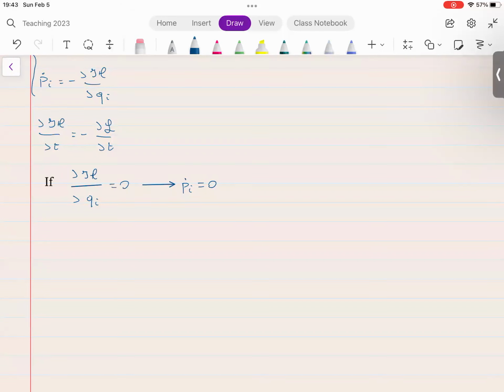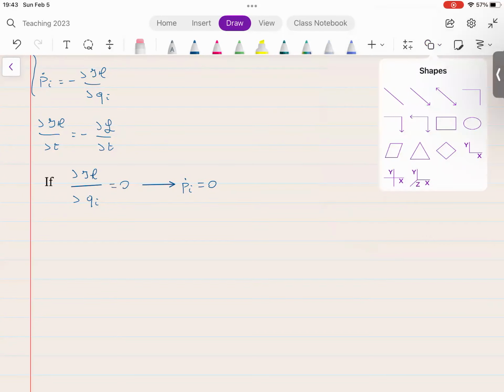And therefore, p i is a conserved quantity.